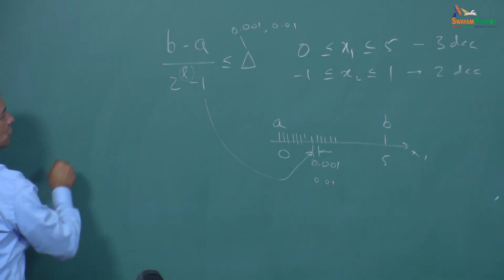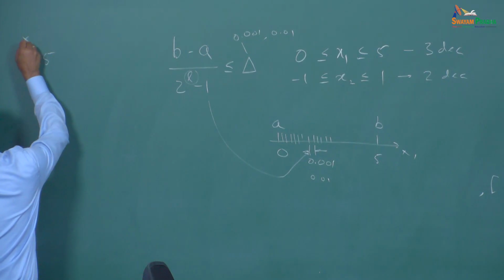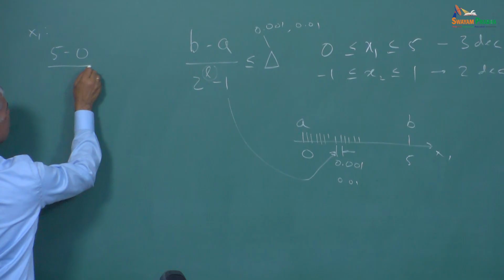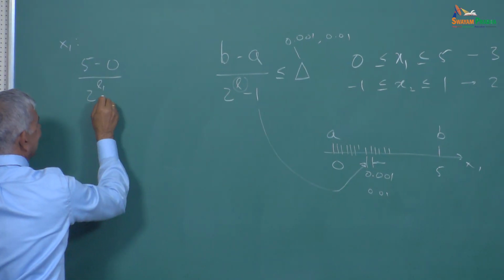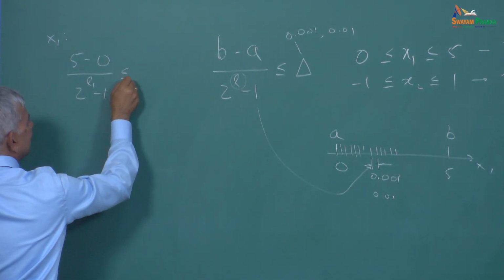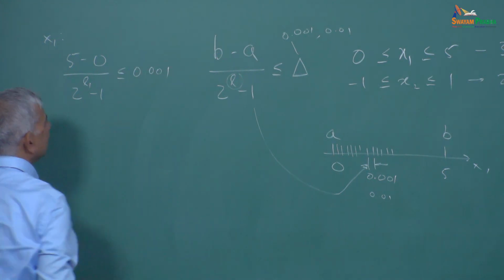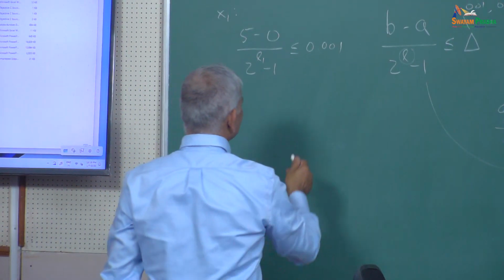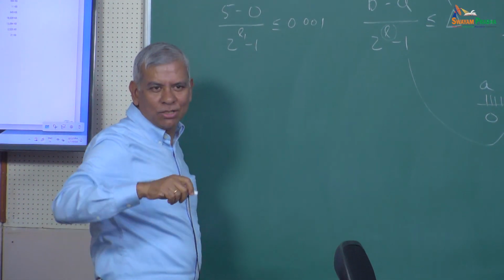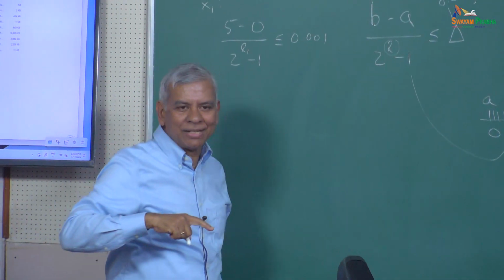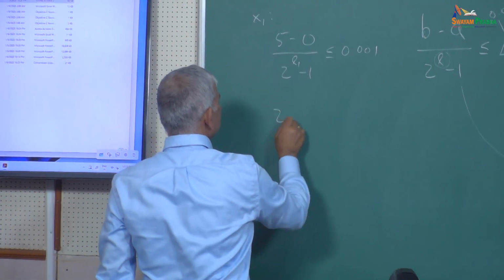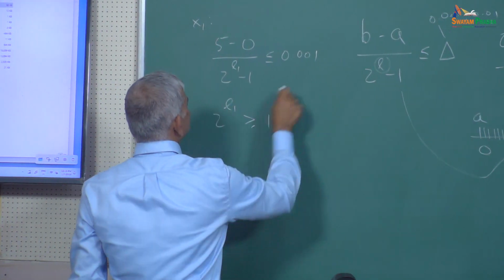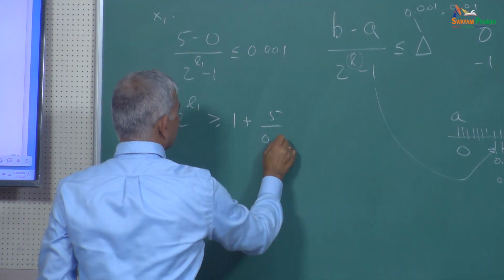So how do we find x1? For x1, b is 5 and a is 0, divided by 2 to the L, let's call this L1 because it is for x1, minus 1, should be less than or equal to 0.001. Can you solve it to find L1? You will find a non-integer. Because of the less than or equal to, 2 to the L will be greater than or equal to 1 plus 5 over 0.001.